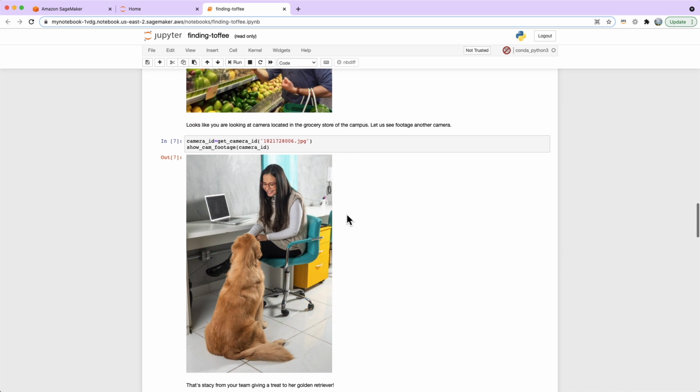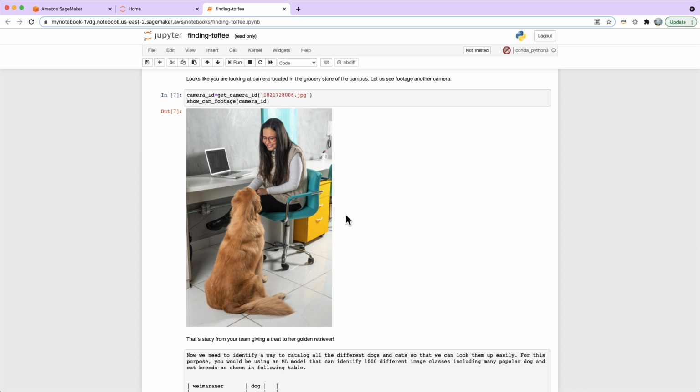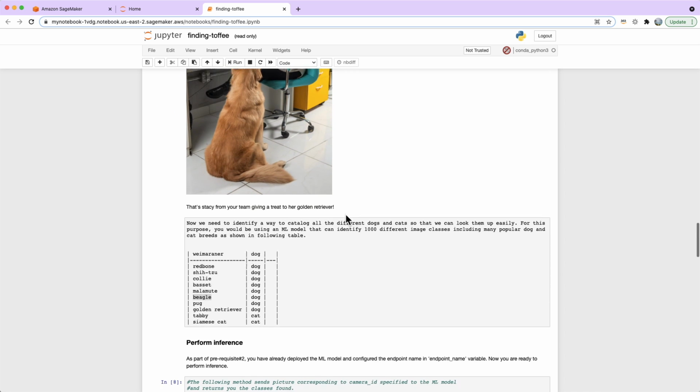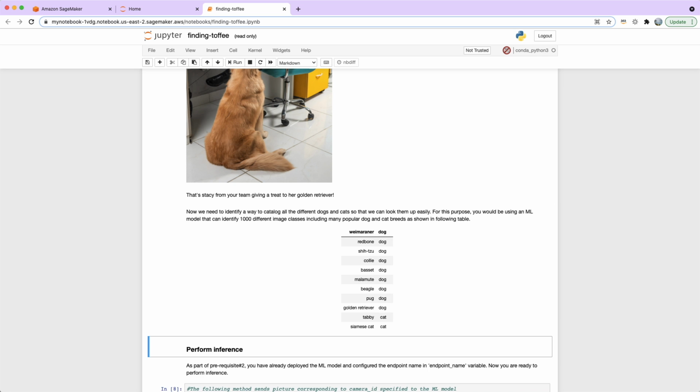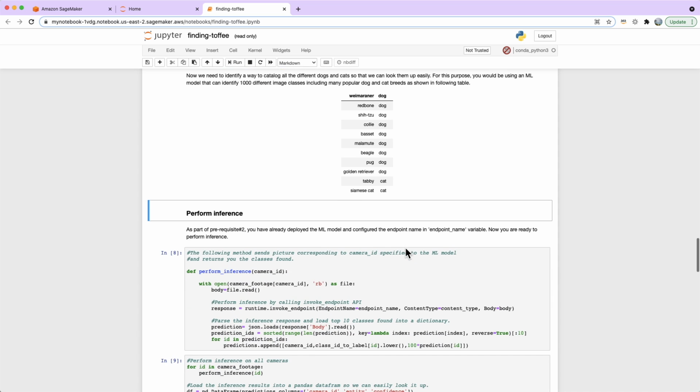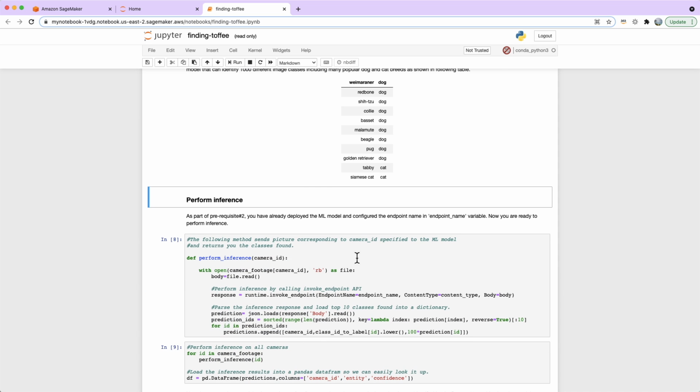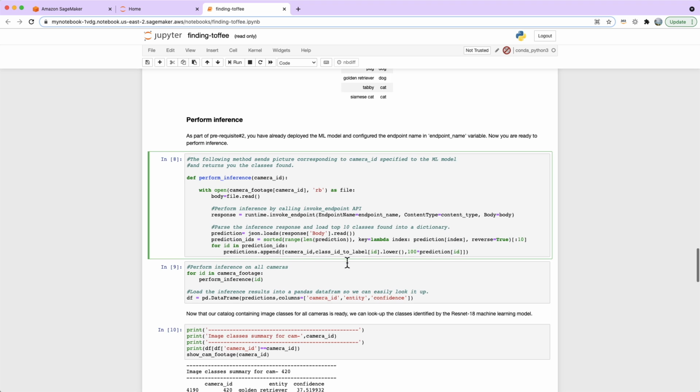You can also see your colleague feeding a treat to her golden retriever. This particular cell consisted of the information about different types of dogs or cats which are actually being recognized by the ML model. And then you executed this particular code in order to perform inference.